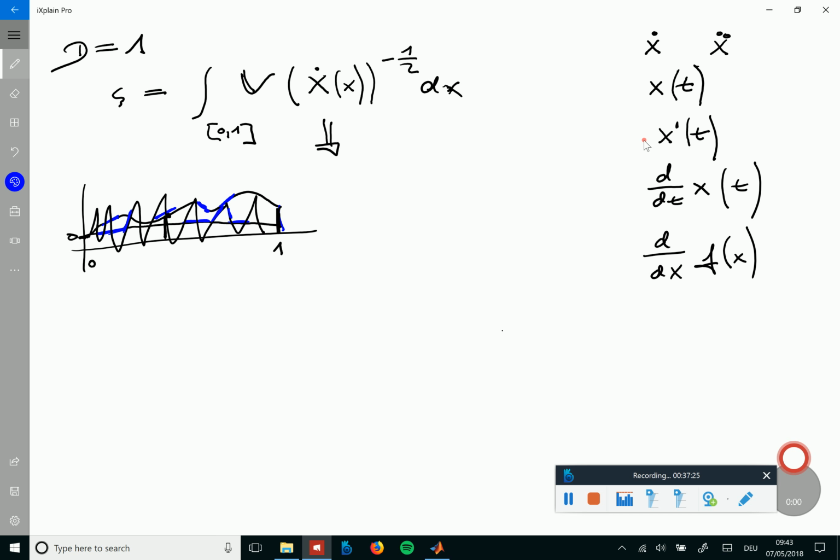So this derivative captures something over the entire field that shows how much this thing varies over space, and that's important.